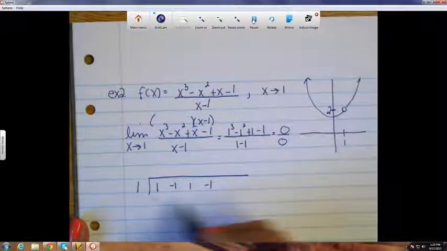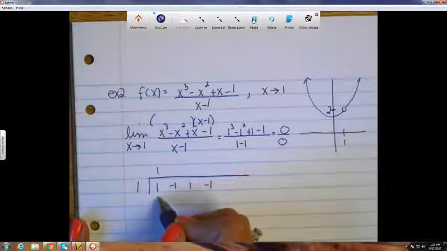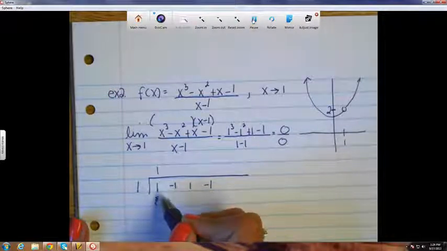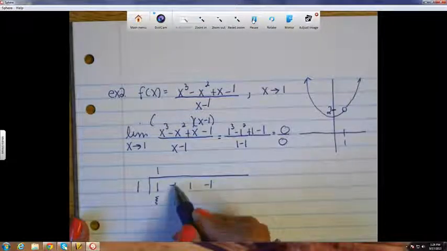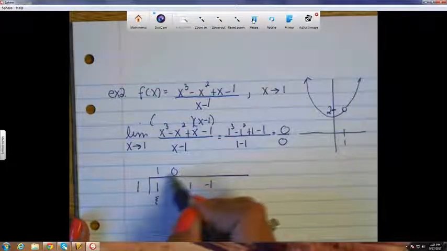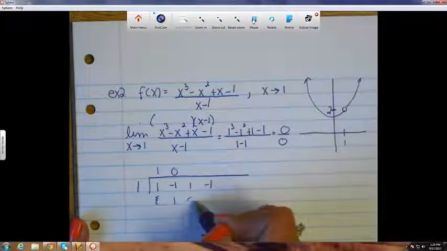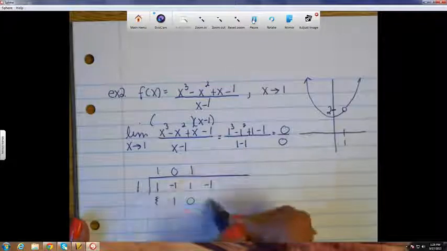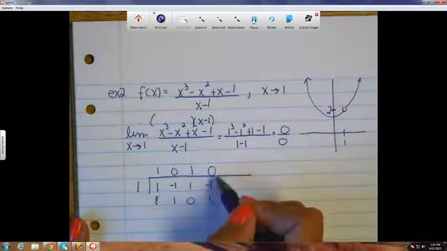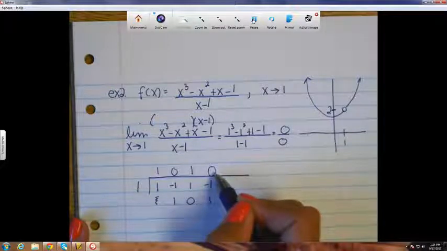Okay. Raise the first one. Nothing goes below it. Multiply, add, multiply, add. So multiplying 1 times 1 is 1. Adding, 0. Multiplying, I get a 0. Adding, I get 1. Multiplying, I get 1. Adding, I get 0. It has to go in evenly, that's why we're getting the 0 over 0. So if you don't get 0 here, you did something wrong.